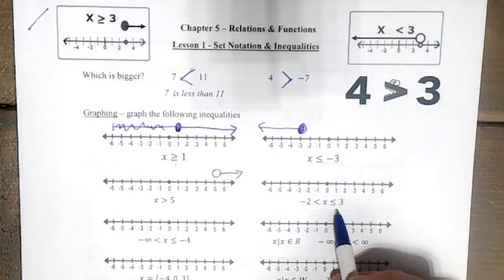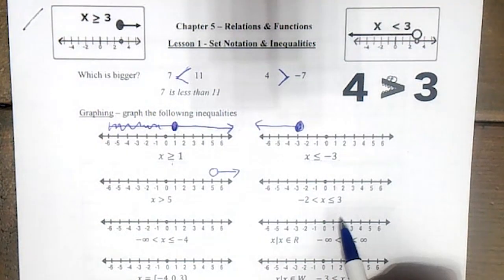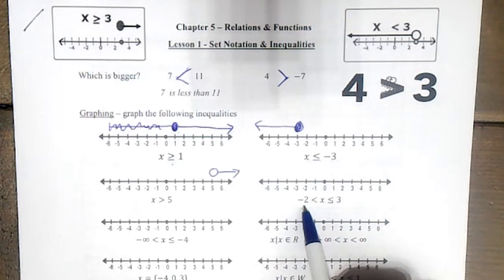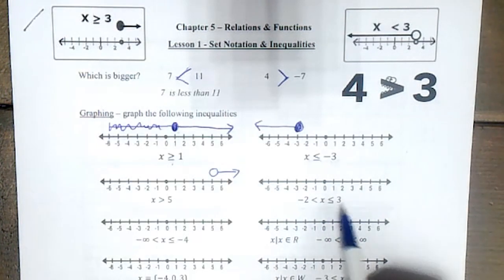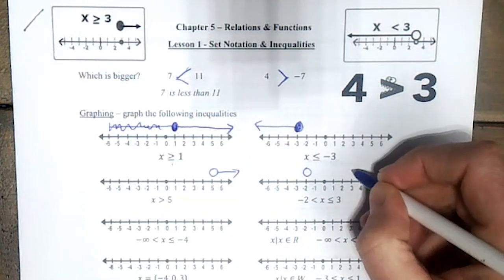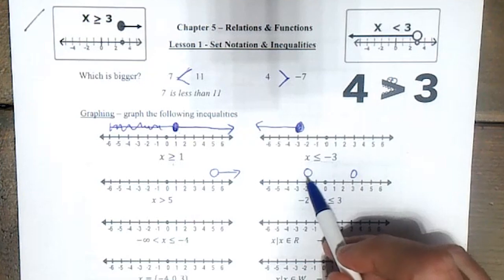This next one, pause the video, try it out yourself, and then check the answer. If we have 2 boundary points, I'm going to make one circle, one dot on each spot. -2, +3. Now there's no equal sign here, so it should be empty.